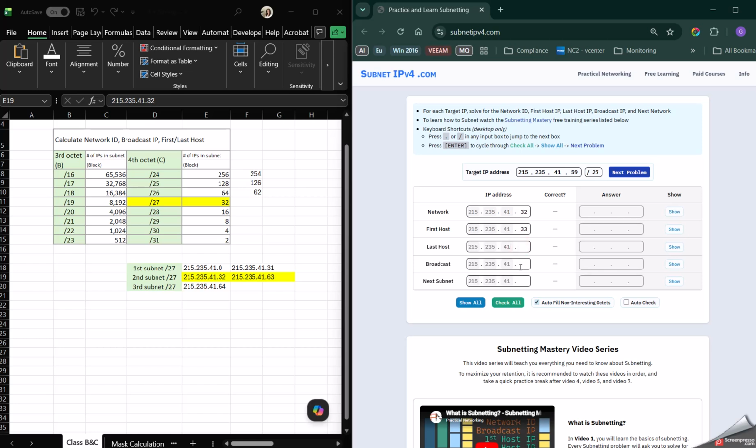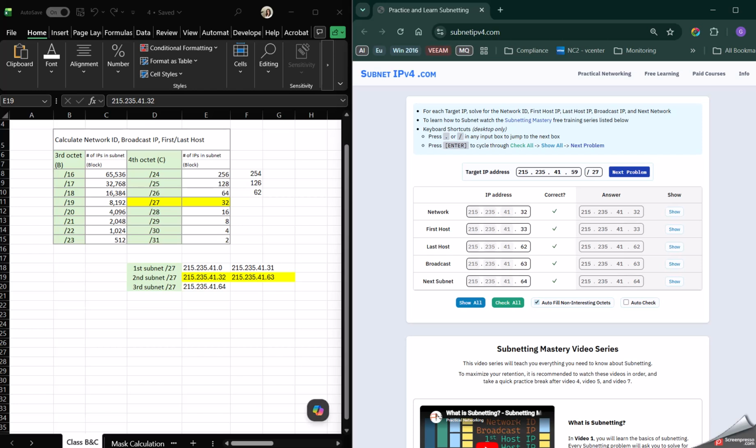The last one, I don't know yet. I just need to go here and calculate it the other way around. Now, the broadcast from this particular subnet, I know it's the last IP, so I've just calculated it's 63. The last host is the one before it, which is 62. The next subnet is basically this one here, 64. Let's check. Yay, so that's my logic.